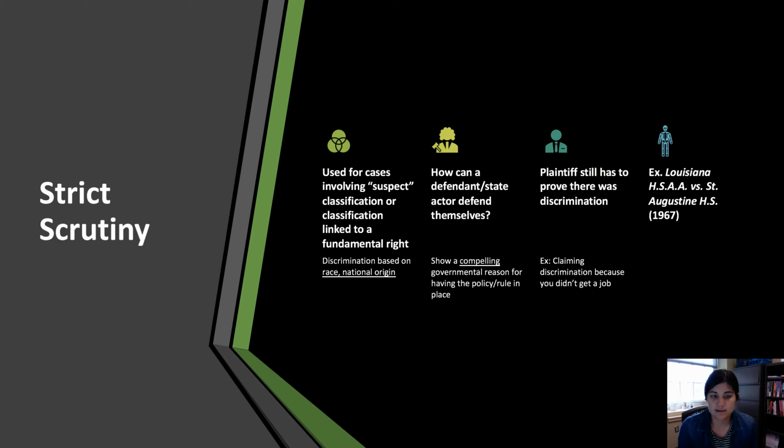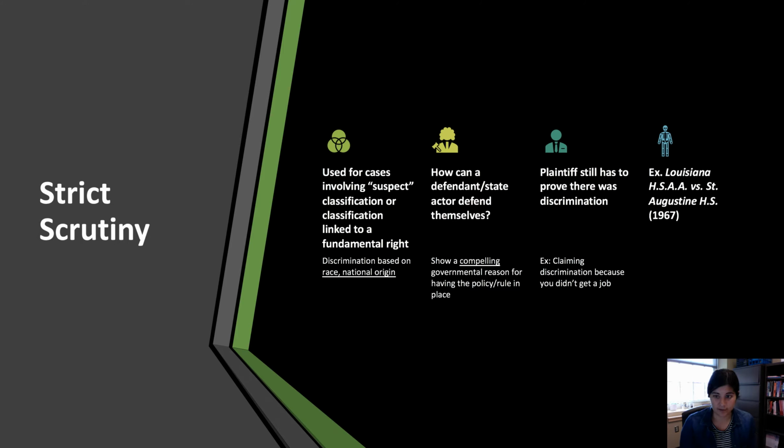What that means is the cases involving strict scrutiny are generally discrimination based on those immutable characteristics, so things like race, ethnicity, national origin. Basically, the courts have determined that this type of discrimination is unjustifiable, right? Essentially, there's rarely ever a situation where a state actor can defend discrimination based on race, national origin, or ethnicity.